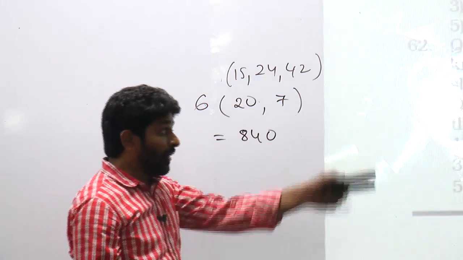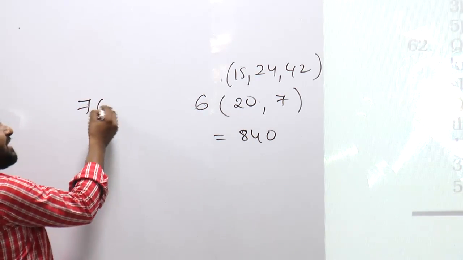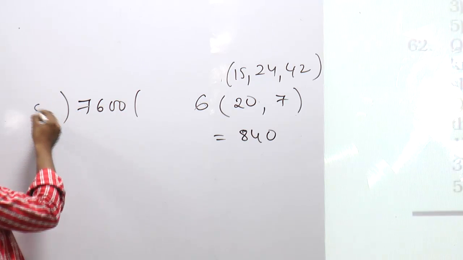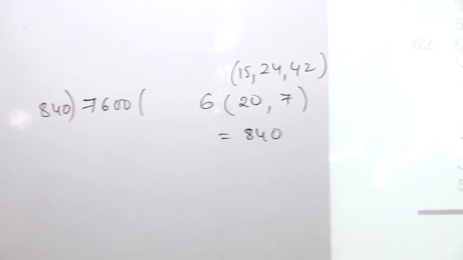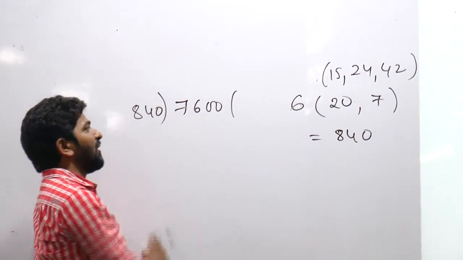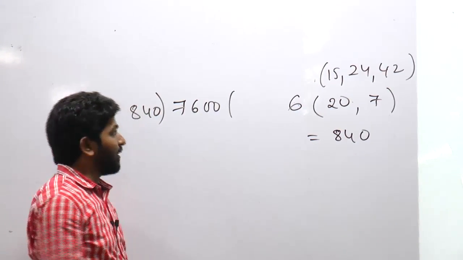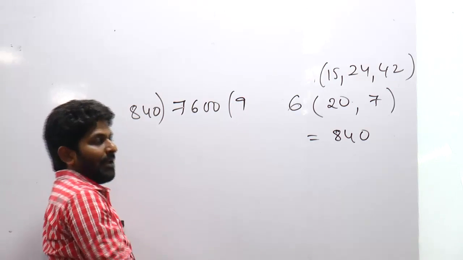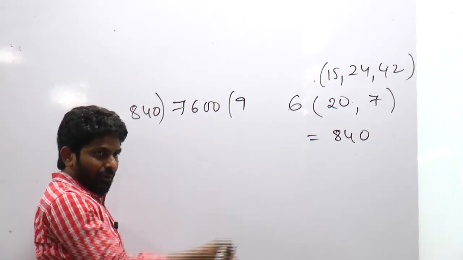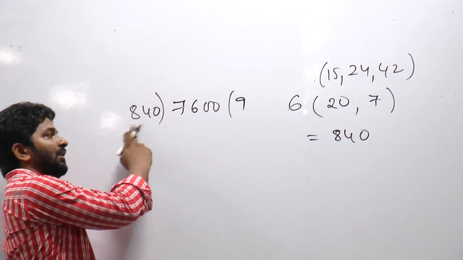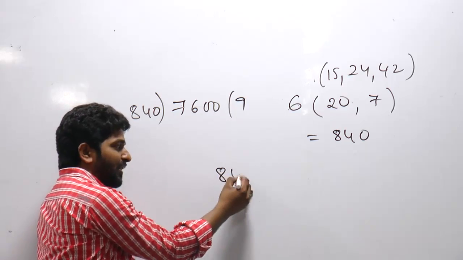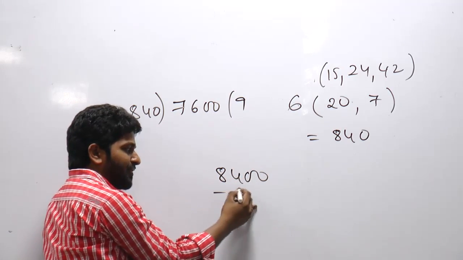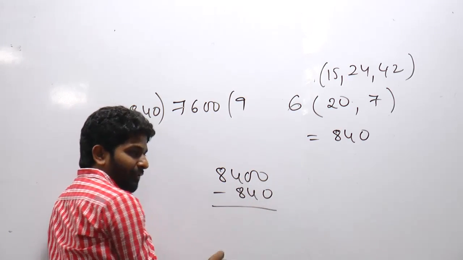And when you divide 7600 by 840, let me check how much remainder I am getting here. 8 times or 9 times? 10 times of this number is 8400. 840 ten times is 8400, and from this you need to subtract 1 time 840.